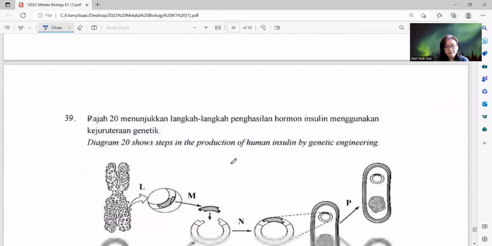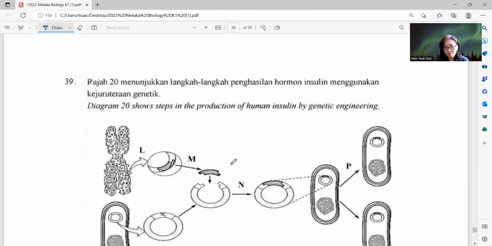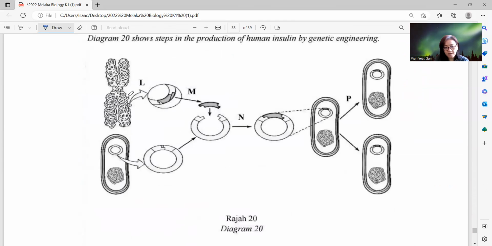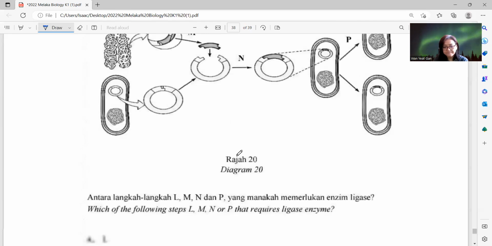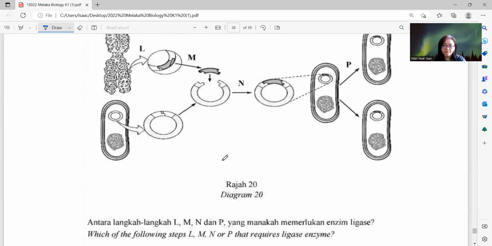Okay, next. Diagram 20 shows steps in the production of human insulin by genetic engineering. So you can see a gene has been cut and then insert into the plasmid, which of the following steps L, M, N, or P requires ligase enzyme?